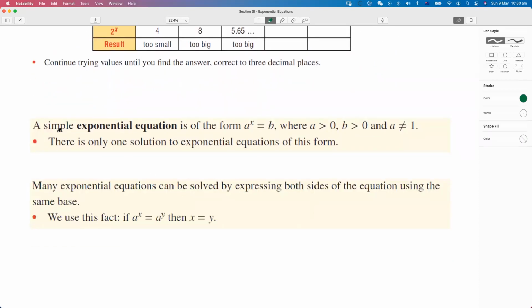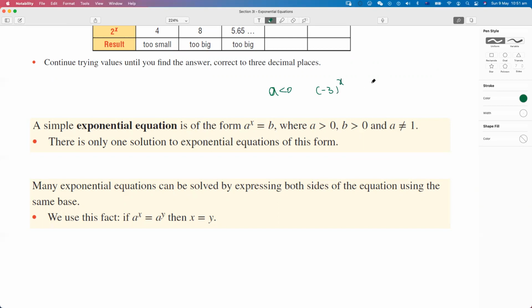A simple exponential equation is of the form a to the power of x is equal to b, where both a and b have to be greater than 0, and a cannot be equal to 1. The thing is, if a is less than 0, have a look, -3 to the power of x, that's going to be problematic.